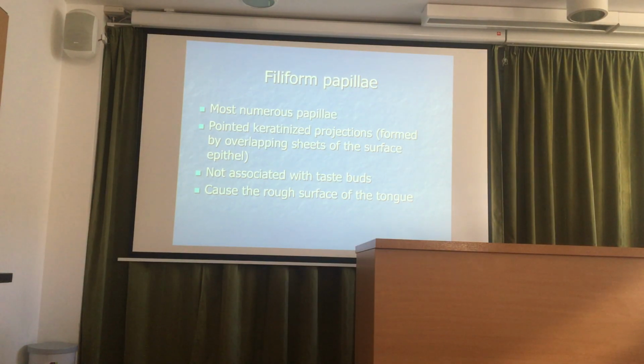They produce the roughness of the tongue, so you can swallow the food more easily. You can move the foodstuff with the help of the tongue because it has a rough surface. They are not associated with taste buds, so you cannot find receptors in these papillae.